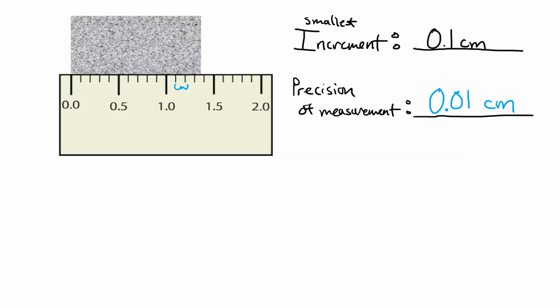So what is the actual measurement of this gray object then? It's going to fall right about there. I would get for that something about 1 point, it's between 3 and 4. Sorry, 0.3 and 0.4.